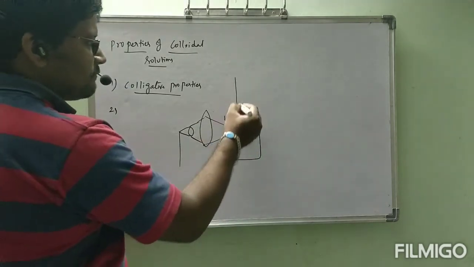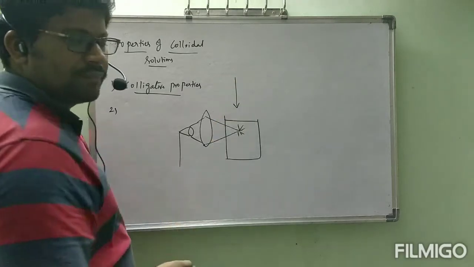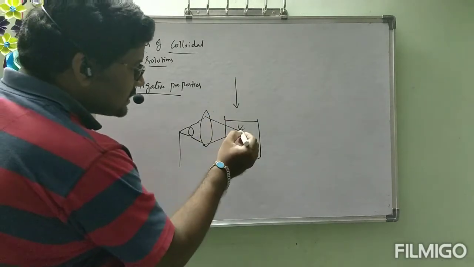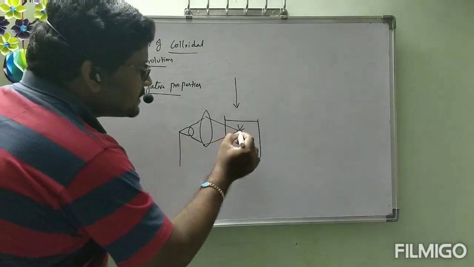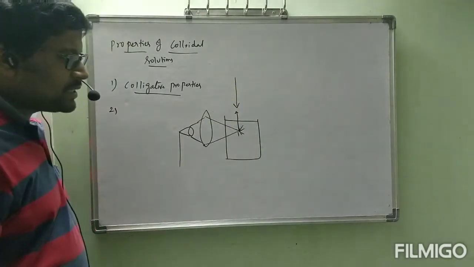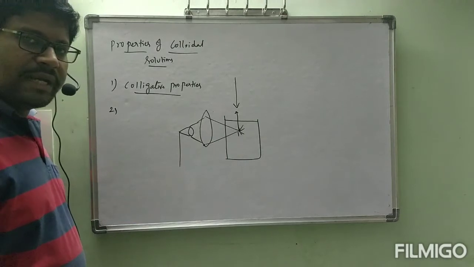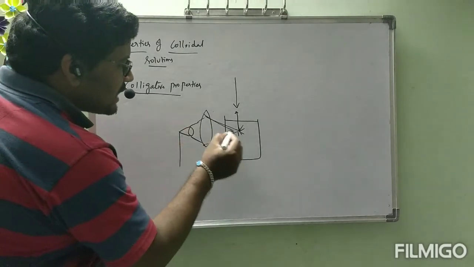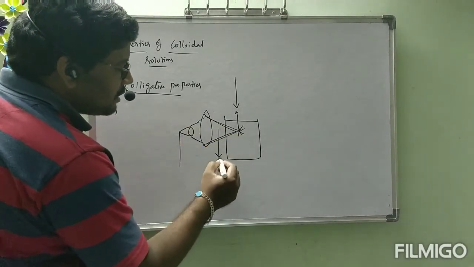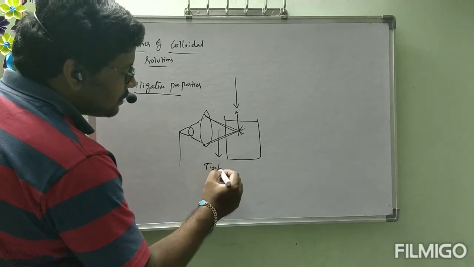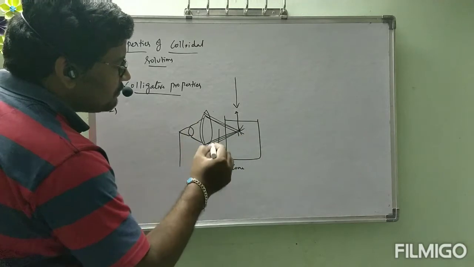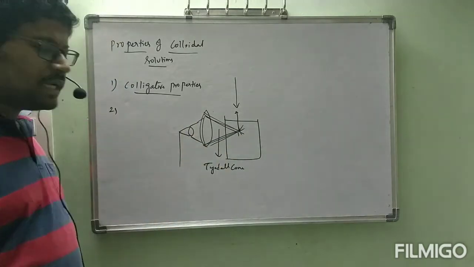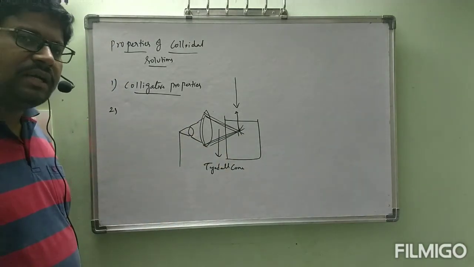We are observing from this direction using a microscope. Then we can see the particle clearly, because the scattered light falls on our eyes. The cone that forms here is called the Tyndall cone, and this effect is called the Tyndall effect.